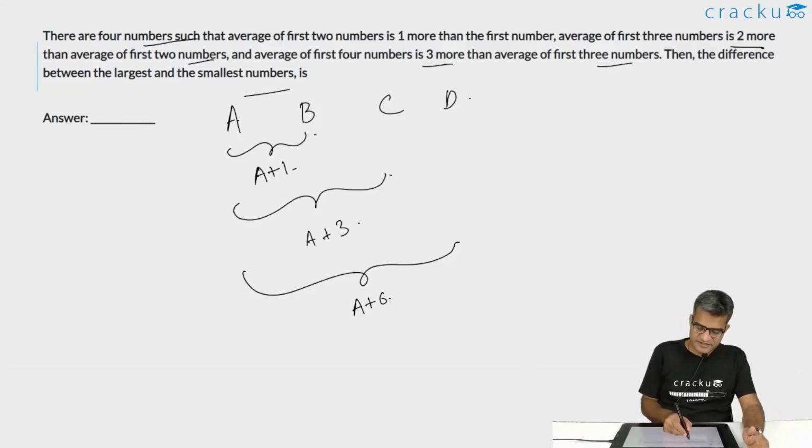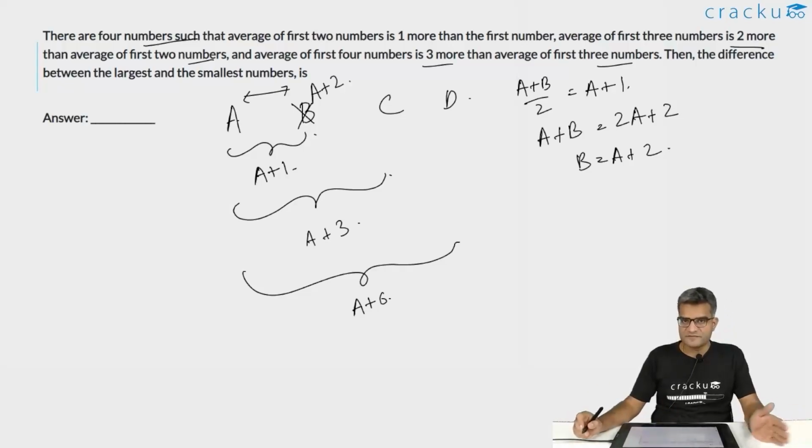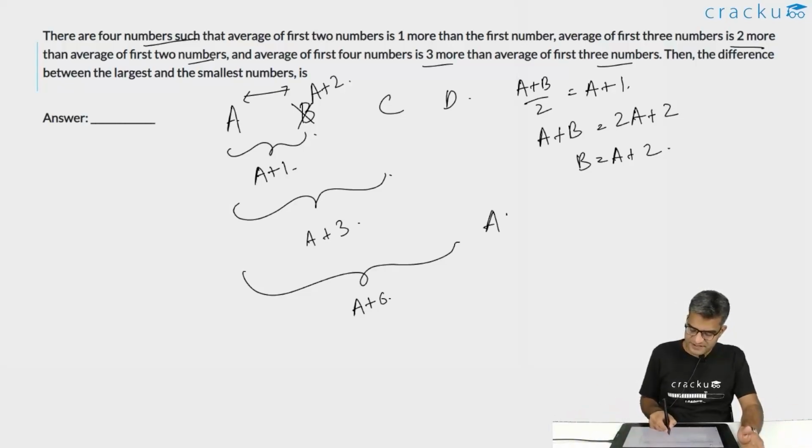Using this information, (A plus B) by 2, which is the average of the first 2 numbers, is A plus 1. Or A plus B is equal to 2A plus 2, or the value of B is equal to A plus 2. The average of the first 3 numbers therefore will be (A plus B, which is A plus 2, plus C) divided by 3.